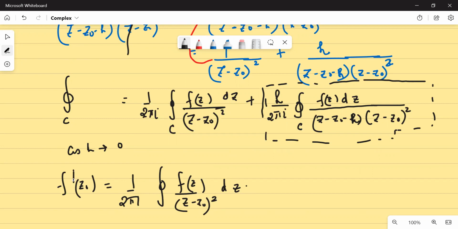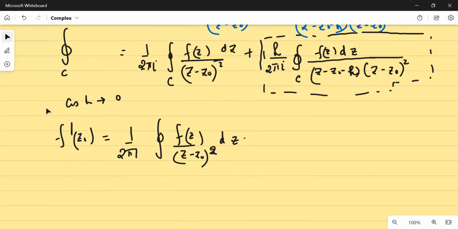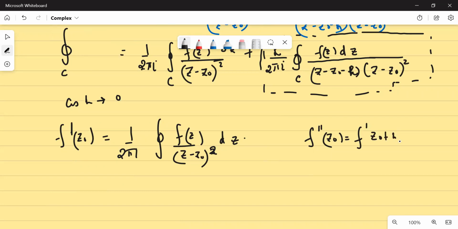Similarly, this is the first derivative, so here you have power 2. If you take the second derivative, the same thing, now you apply it on f dash z. Now you try to find the derivative of f dash z naught, that is, f double dash z naught will be equal to f dash z naught plus h minus f dash z naught upon h. So if you do the same steps, you will get something of this sort.